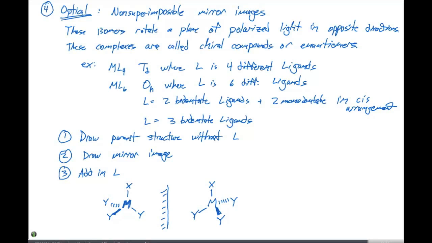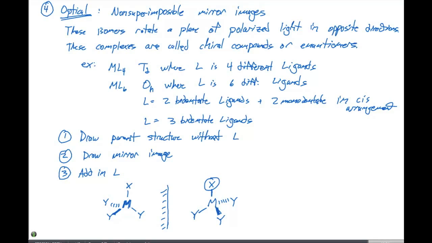So the question we need to ask ourselves is, can I take that mirror image drawn over there on the right, and can I pick it up and rotate it around to superimpose it back on the original molecule? What I need to do in this case is, if I was looking in the mirror at this molecule right here, I could grab the molecule right here at X, and I could just rotate it, and it would fit right on top of this other molecule right here.